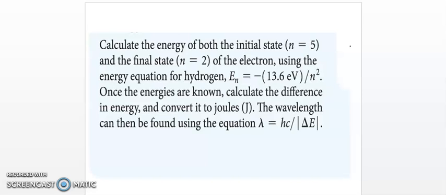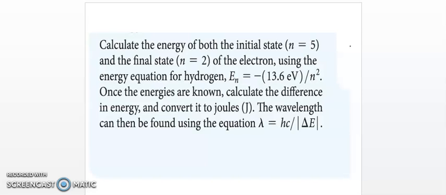So the Bohr's model postulates, as an assumption, that electrons orbit the nucleus at fixed energy levels. It is this energy level that we are to calculate, and you can see from the equation we are to calculate the energy of both the initial state, which is equal to 5, and the final state, which is equal to 2, of that electron.